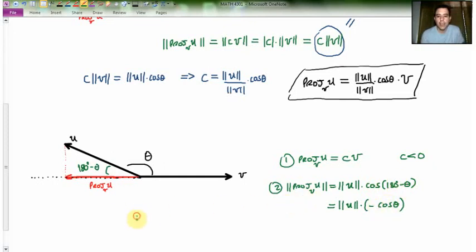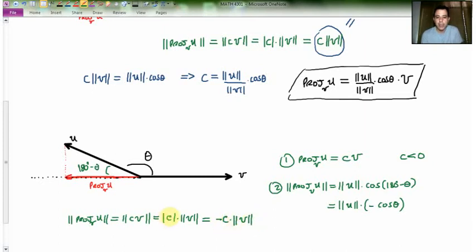And then again, the length of the projection of u onto v, according to the first case, is the length of cv, which is the absolute value of c times the length of v. I can get rid of the absolute value, noticing that c is negative, so the absolute value of c is negative c.